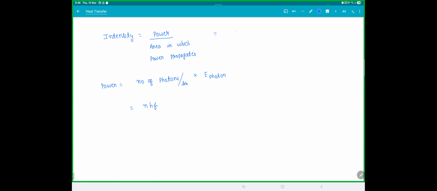So if you substitute, intensity is number of photons per second times hf by area. So intensity is proportional to number of photons into frequency. We will use this in the photoelectric effect later on, but just have an idea about this.